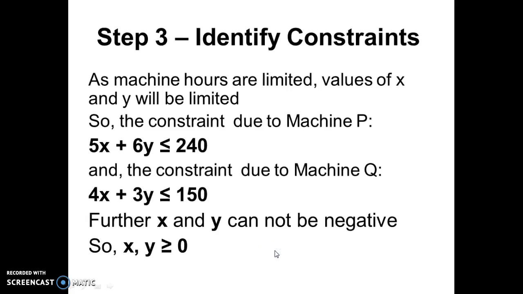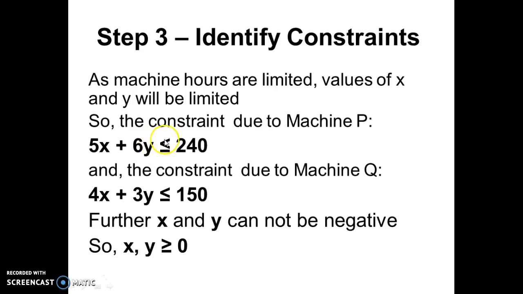Because the resources are limited, there are constraints, and we have to identify the constraints. As machine hours are limited, values of x and y also will be limited. So the constraint due to machine P will be 5x plus 6y, that is the total time required on machine P for producing both the models.